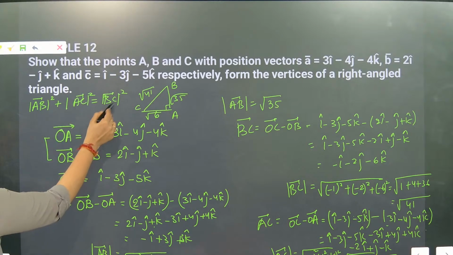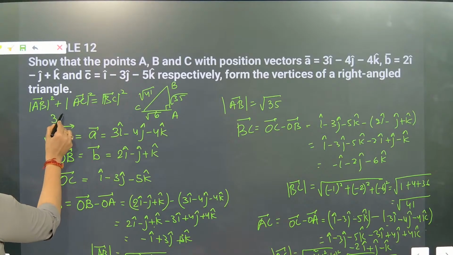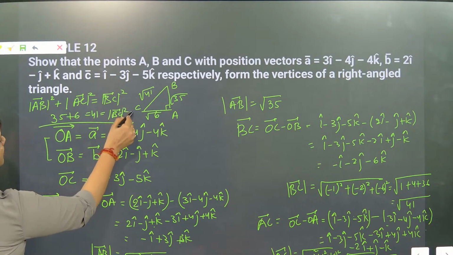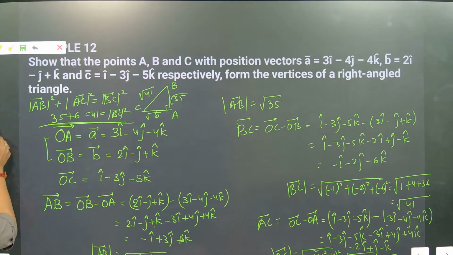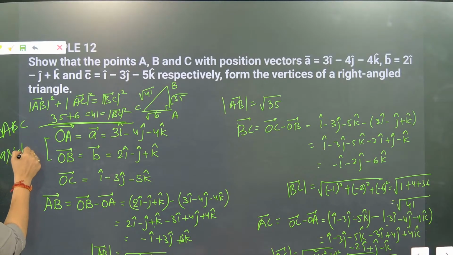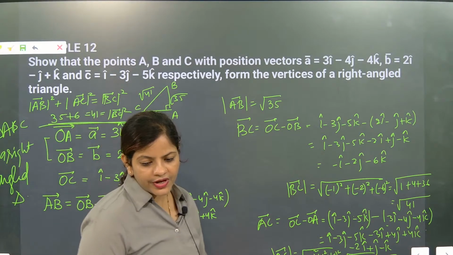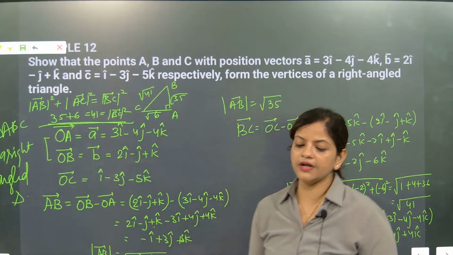So 35 plus 6 is 41, and 41 is nothing but magnitude of BC vector whole square. So triangle ABC is a right angled triangle. Quickly check, children, is it understandable?